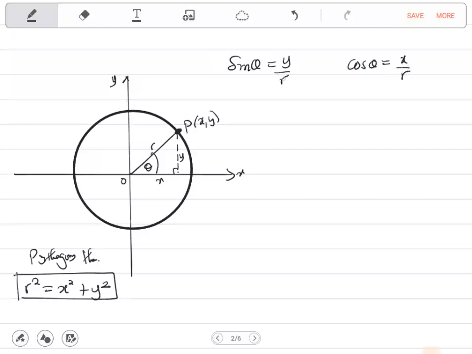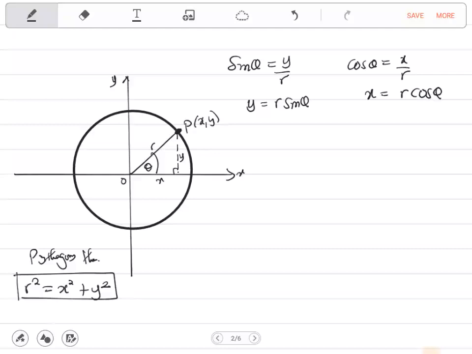From here, we can express y as r sin theta when you cross multiply. Even here, we can express x as r cos theta. Are we so far good?